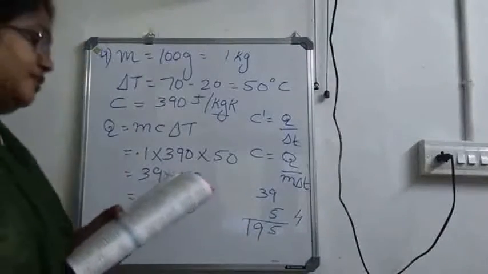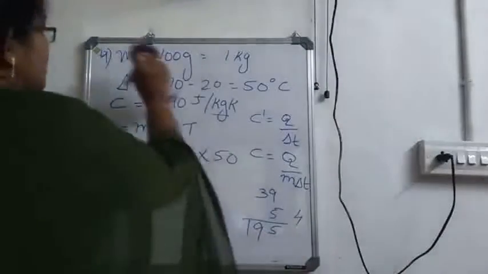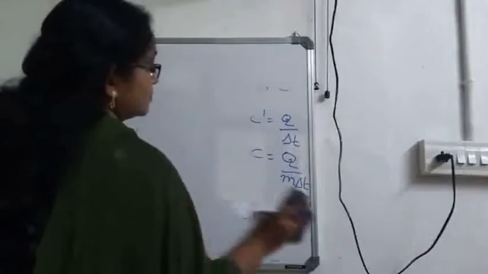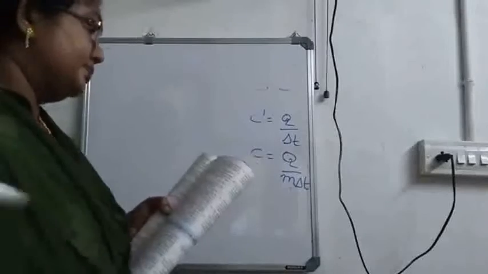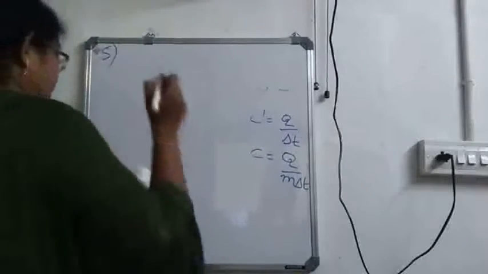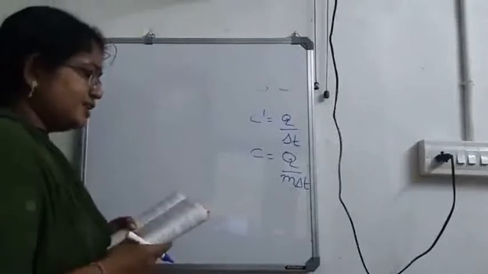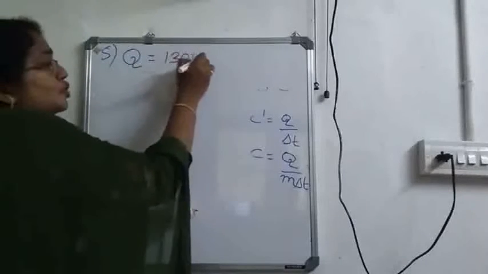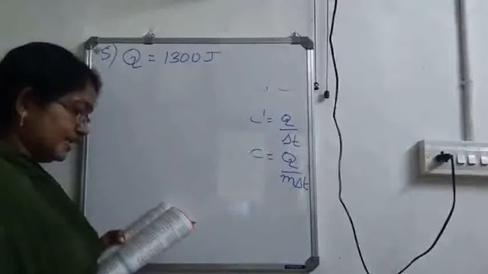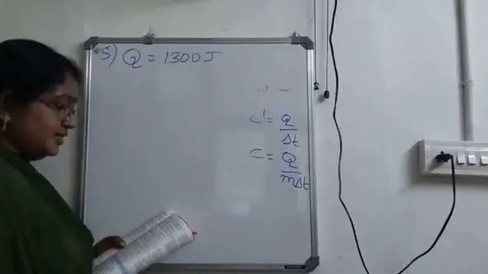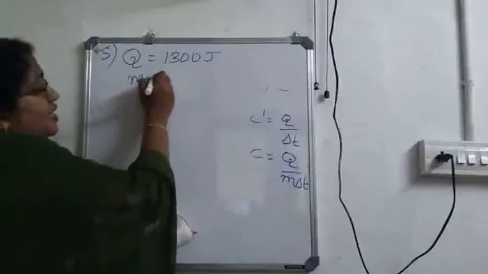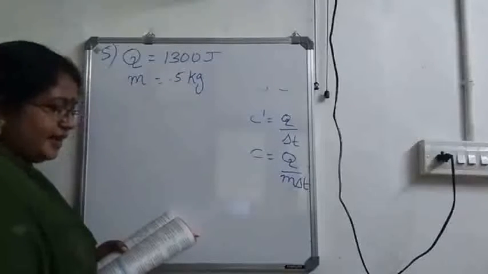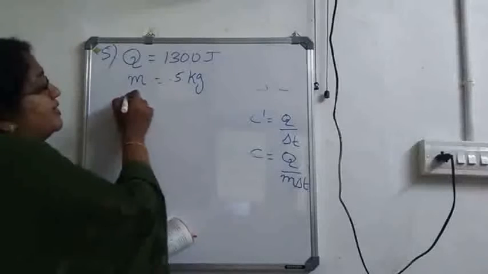Okay. Now, we will move to the next question, question number 5. 1,300 joule of heat energy is supplied to raise the temperature of 0.5 kg of lead from 20 degrees Celsius to 40 degrees Celsius.